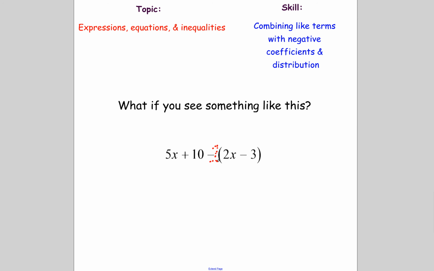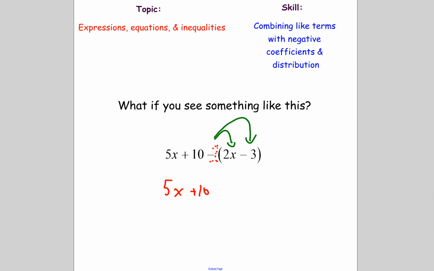It's kind of like there's an invisible 1 out in front of the parentheses. So what exactly is being distributed? Well, I'm going to bring 5x down. I'm going to bring positive 10 down. And what's actually being distributed, if you think about it, is negative 1 times 2x and negative 1 times 3.